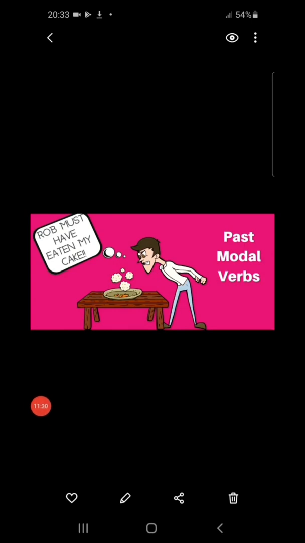Next, Rob must have eaten my cake. Past modal verbs. So, Rob must have done something. Okay. Must have eaten what? My cake.